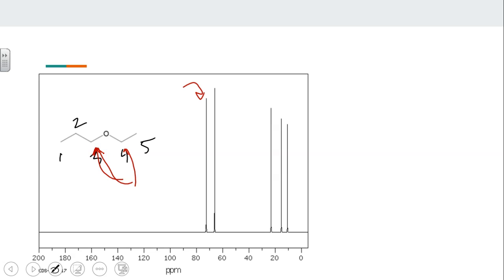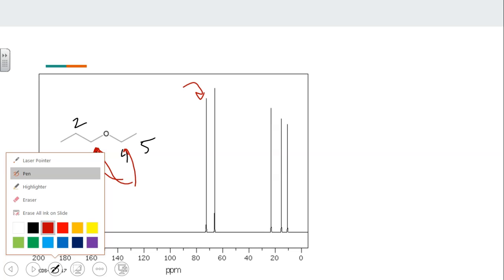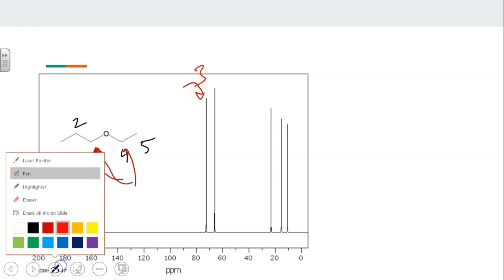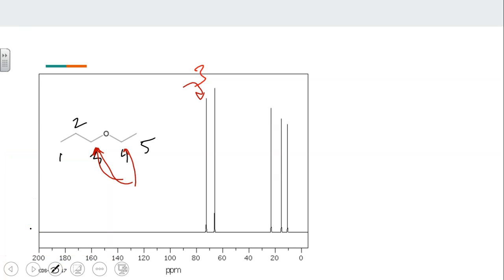This one right here. Okay, it's attached to more stuff. So this peak is going to be carbon 3. Okay, but right next to it is a carbon that is pulled almost as equally downfield. So this is going to be carbon 4.